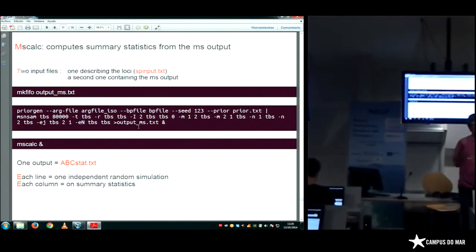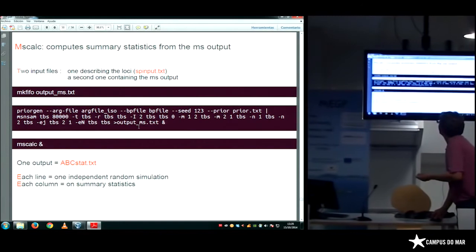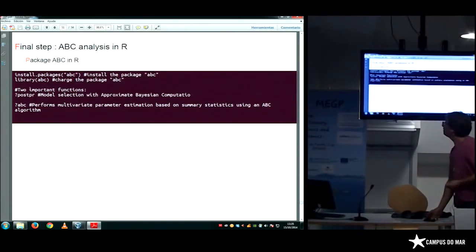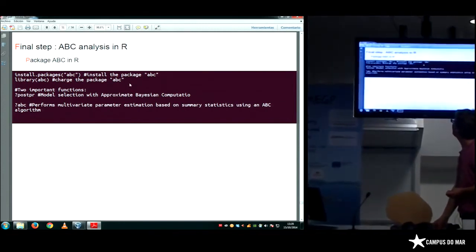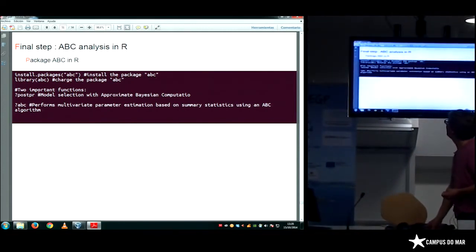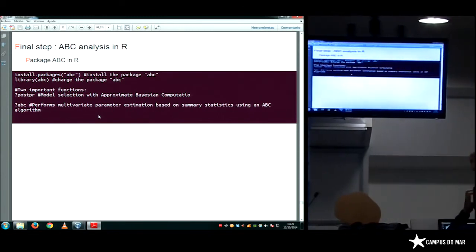And to do this, we use the R package abc. So you have to install the R package by this command line: install the package abc. You also have to load the library abc by typing this line. So you have two important functions in abc.